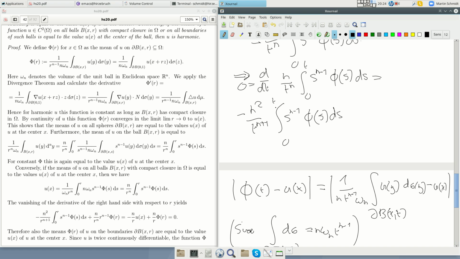Now if we differentiate here, then we have this factor plus n over R to the n.